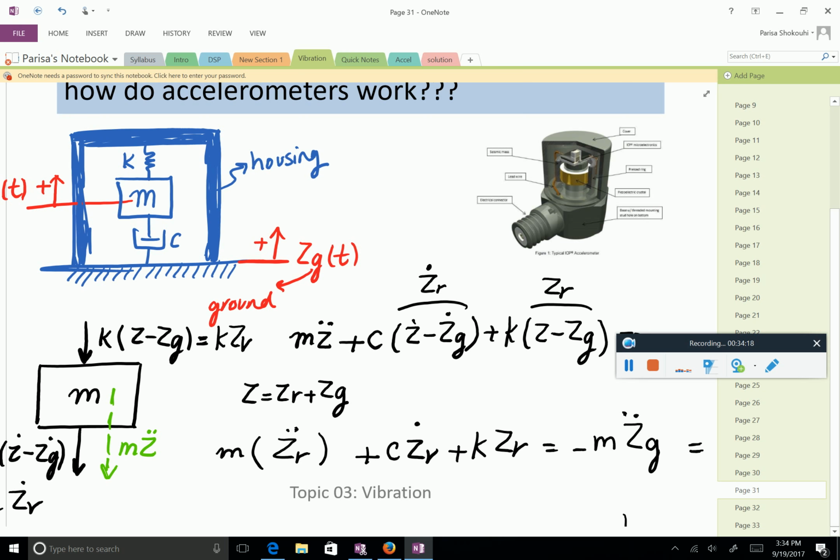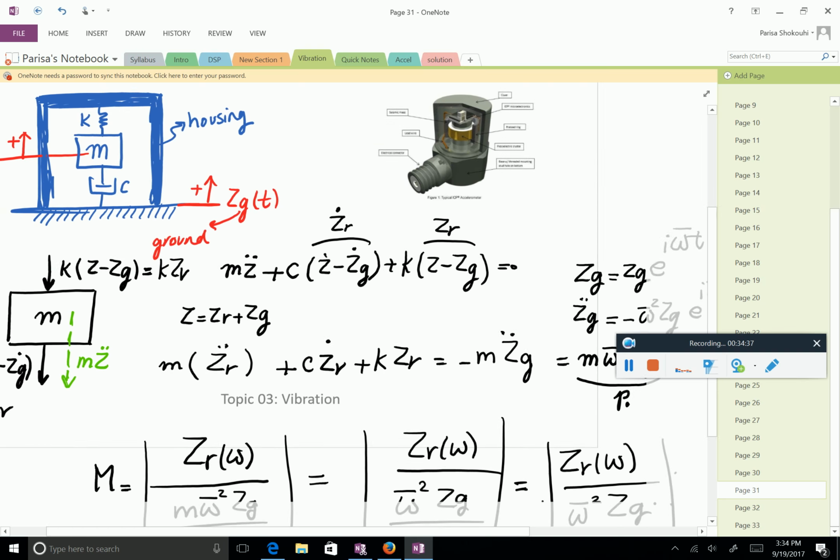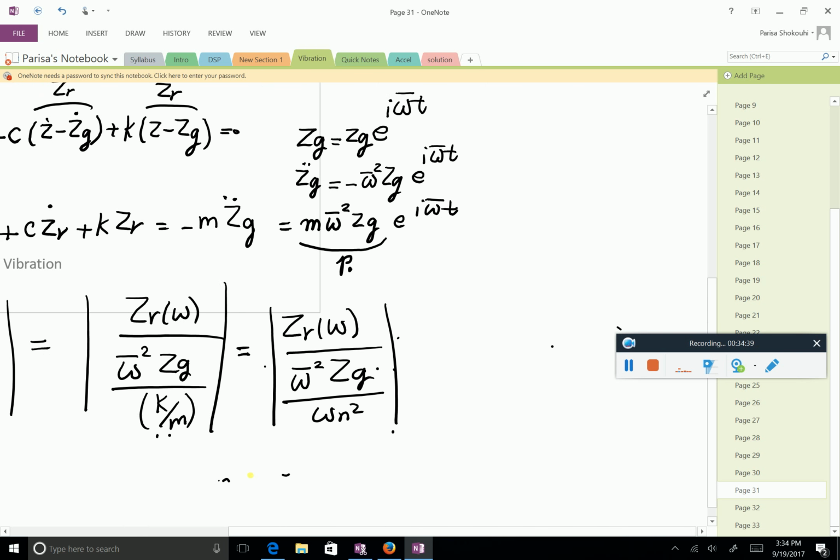You are measuring the mass moving inside the accelerometer, which is z bar double dot. But what you want to measure is zg double dot. So how do we make sure that this is the case?